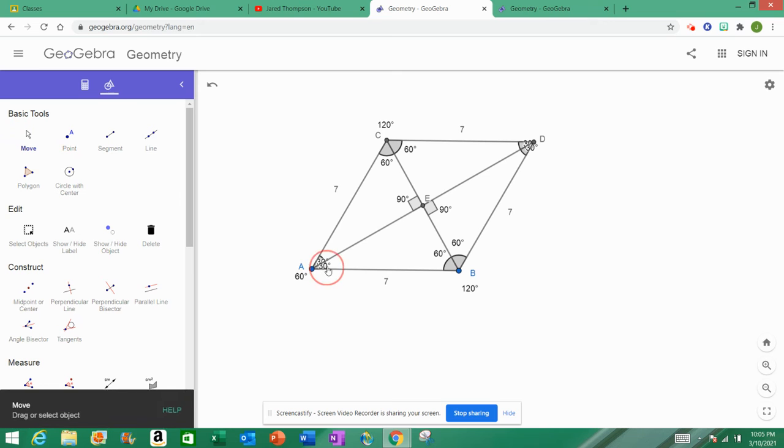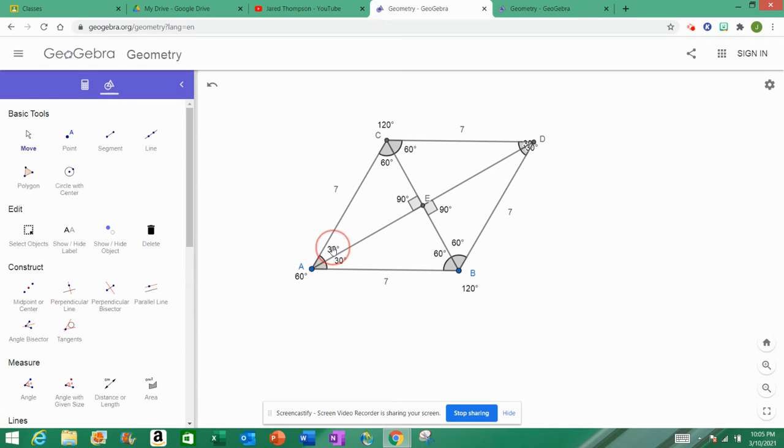All right, now let me resituate everything so we can see what we're looking at here. That's a 60 out there, and then a 30 right here. Look at what's happened now.